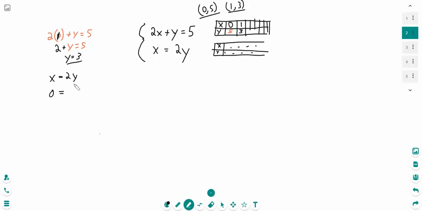And the y is 5, so I can replace the y with a 5. And that's going to give me 0 is equal to 10, which of course is not true. Okay? So therefore, 0, 5 is not a solution to the second equation. It is a solution to the first one, but not a solution to the second one.